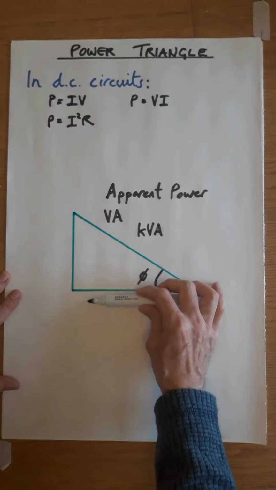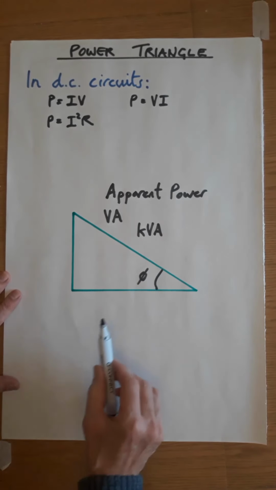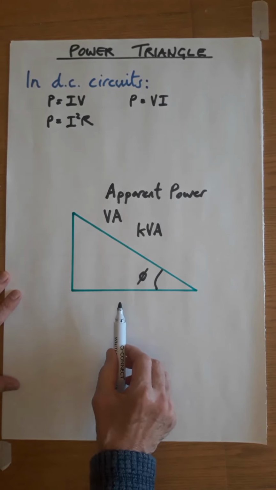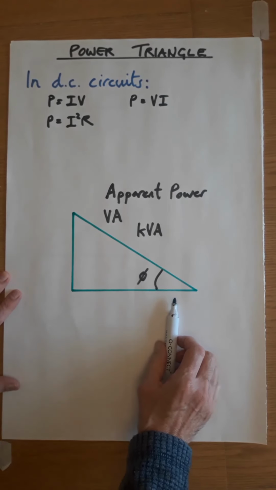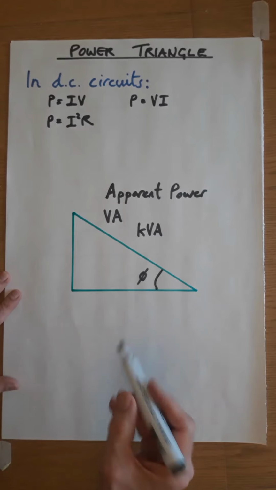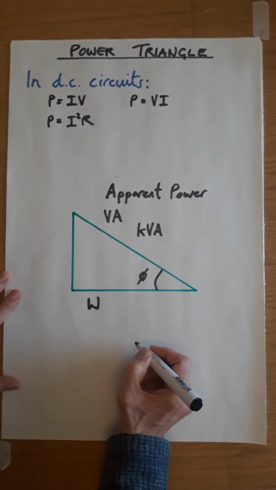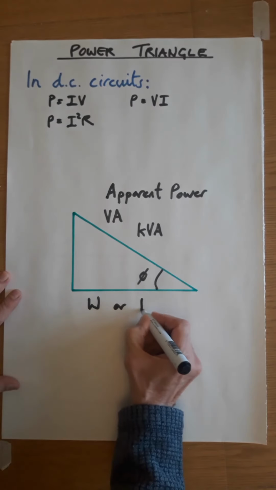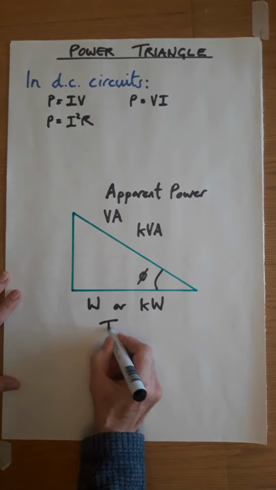If we come down to this line, if you remember what I've told you so far, resistance is the important one in a circuit. Only resistance does useful work and it produces heat in watts. So there we have it. This produces heat in watts, or preferably we would use kilowatts. And this is true power.